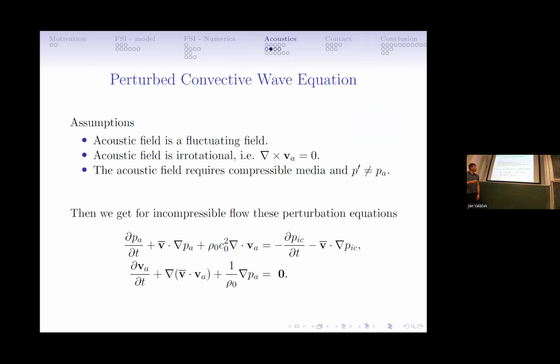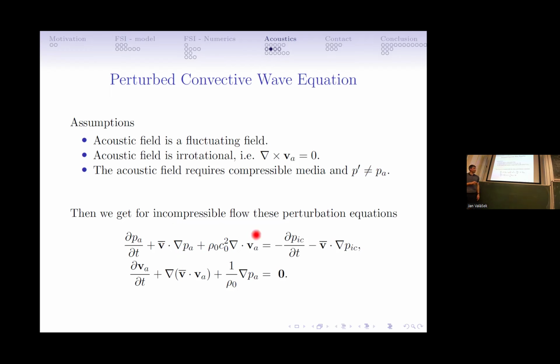Okay, and if you use these three assumptions, that the acoustic field is heavily fluctuating in time, that the acoustic velocity is irrotational, and that the acoustic velocity is different from the pressure fluctuation, and if we apply these assumptions in the Navier-Stokes equation, we neglect all nonlinear terms and some additional terms connected with viscosity and so on.